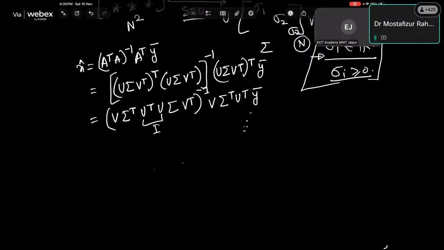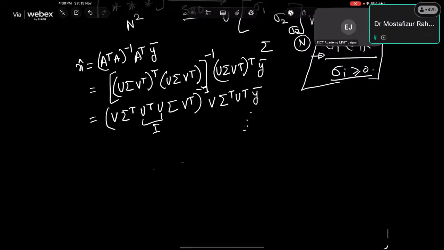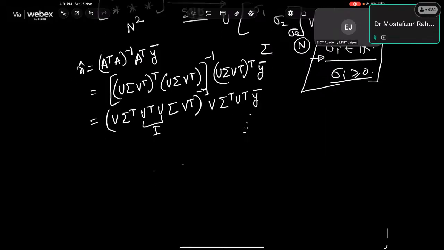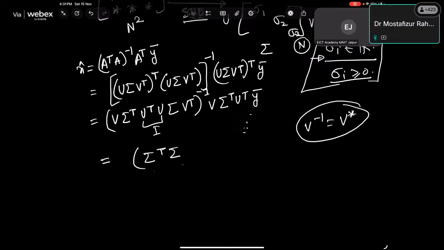So this will become identity. Then after doing the inversions, some of the other elements, like V inverse equals V star, this kind of property you can implement here. And you will be left with only some elements, only some sigma star, sigma whole inverse with sigma, this kind of thing with some Z bar, for example.